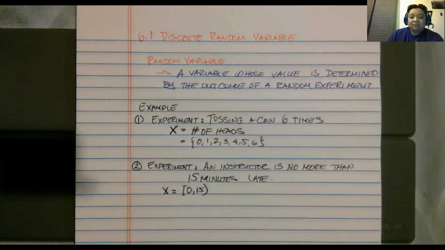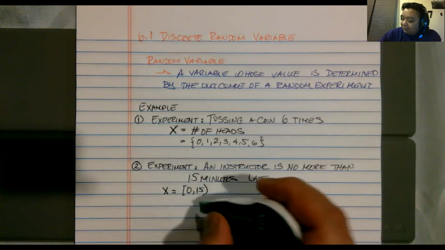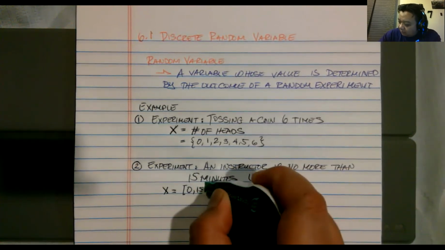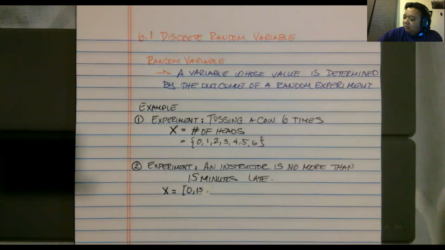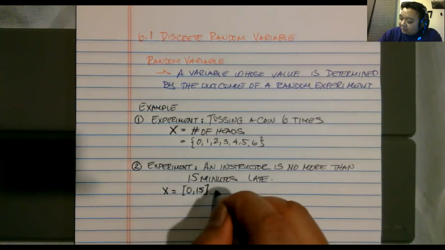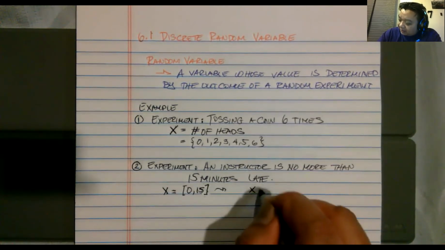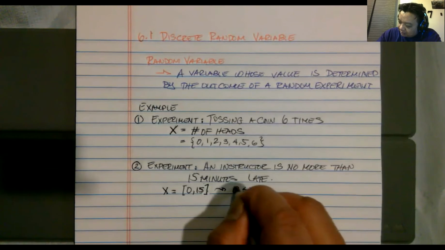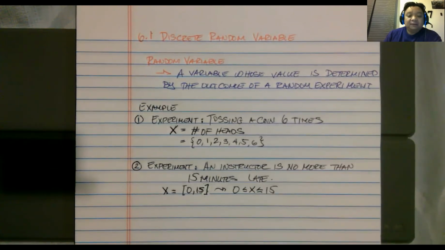The parentheses on 15 means it does not include 15. Wait a minute, it says no more than, so sorry, 15 is included. So 0 to 15. As far as inequality is concerned, that means x is between 0 and 15.